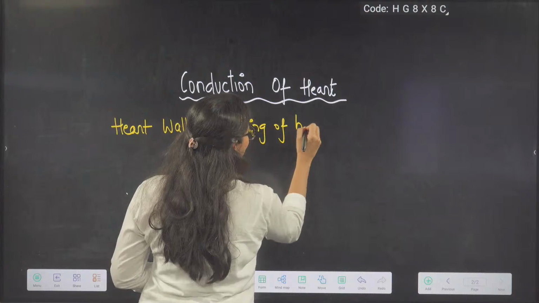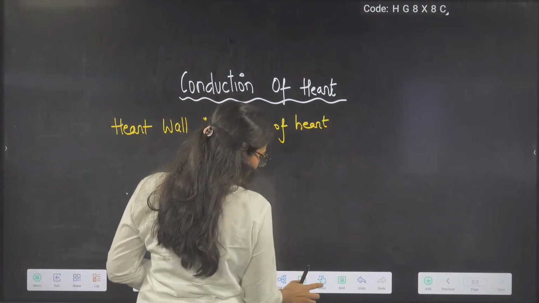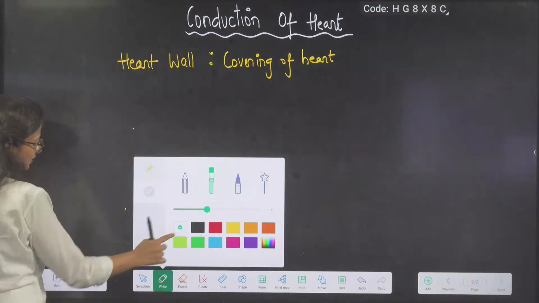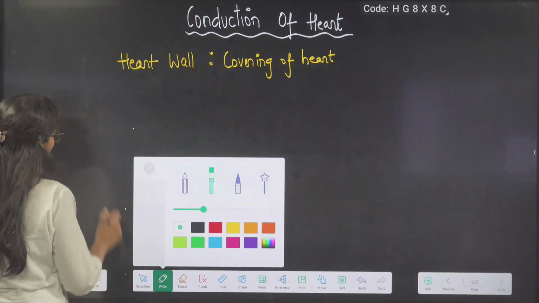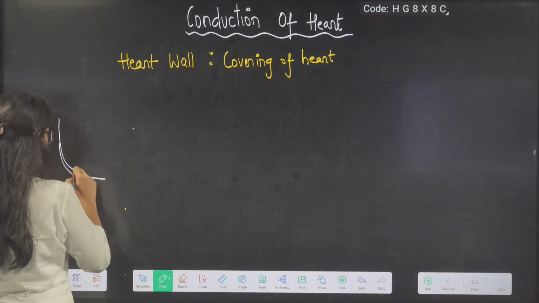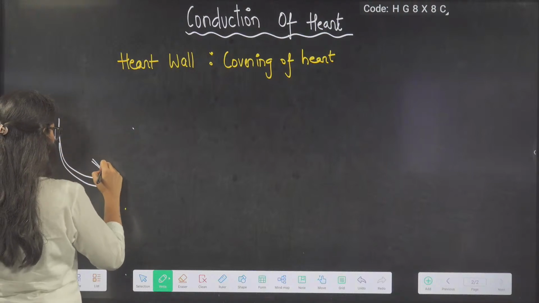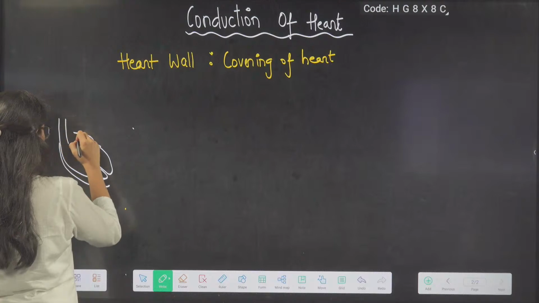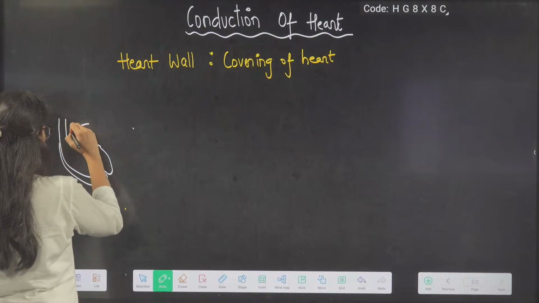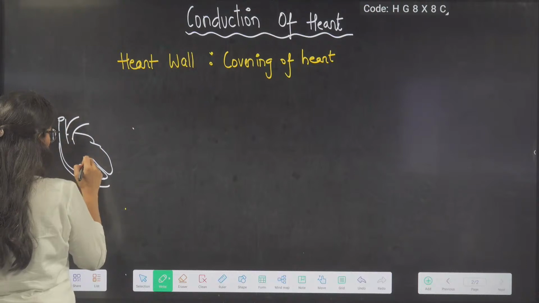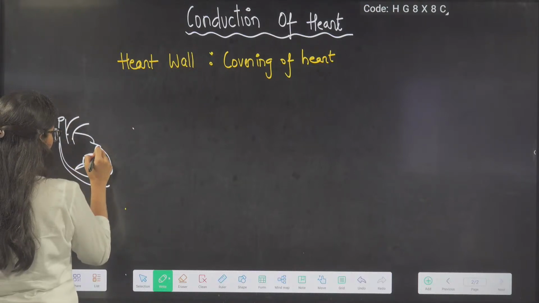So a little bit I talked yesterday about pericardium. Remember everyone? Pericardium. So suppose this is heart, like this. Yesterday you learned one structure of heart. A very rough diagram I'm taking now.